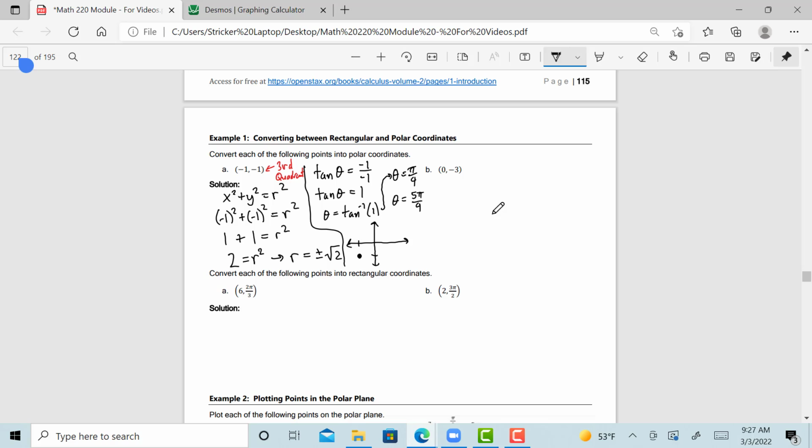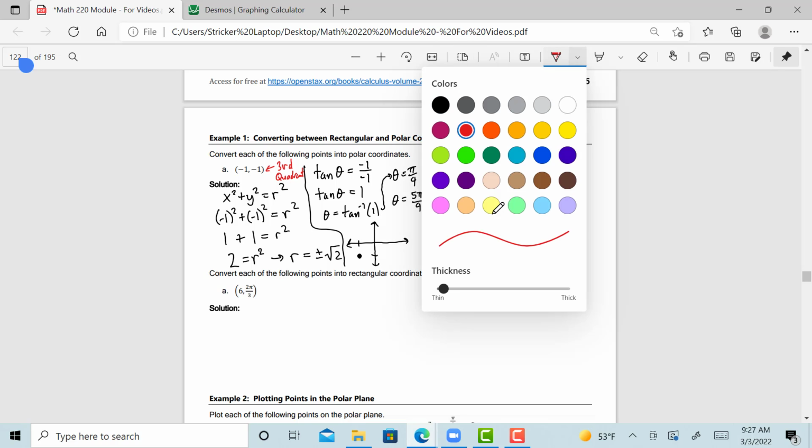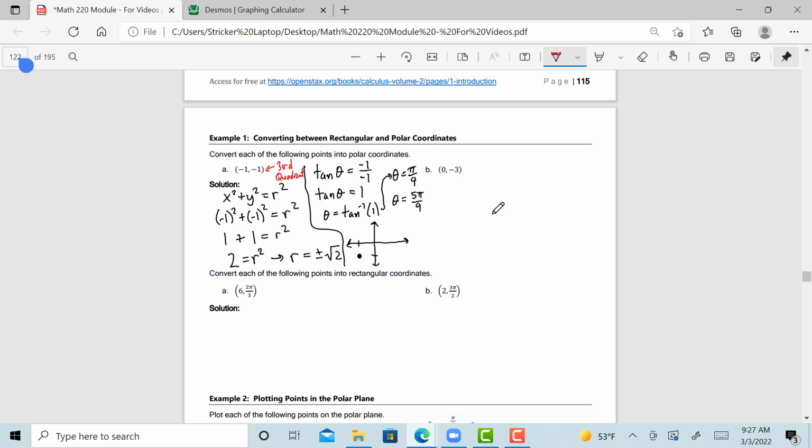Well, if you describe that with polar coordinates, we know that 5 pi over 4 is the angle. This angle here is 5 pi over 4. And so that point there, this distance right here, is r.